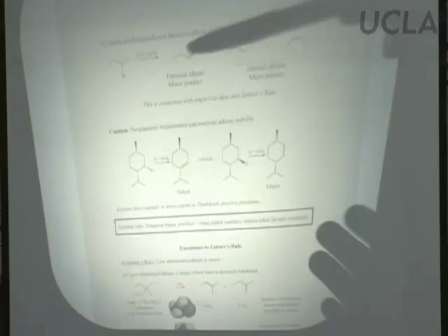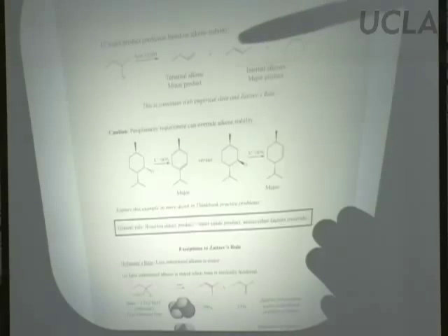Remember, it was 19% terminal and 81% of the mixture of the internal. And then even then, we would predict there would be more E than there would be Z. And so, in fact, that agrees. And so that's the explanation we'll use in this case. We'll say that E2 reactions are controlled by the stability of the product.